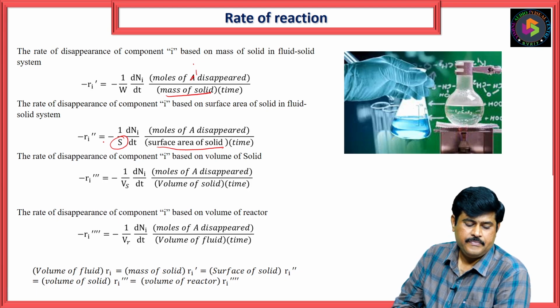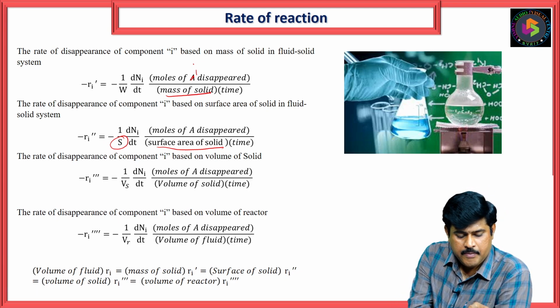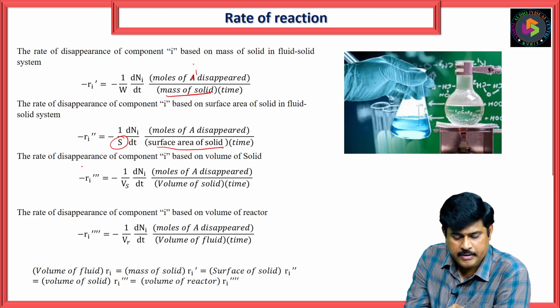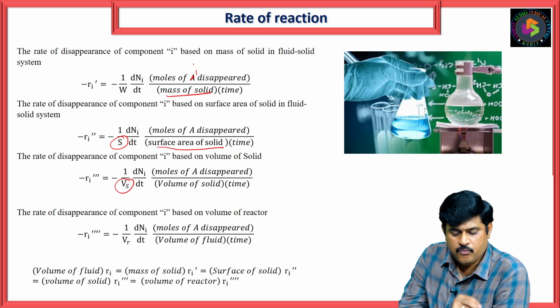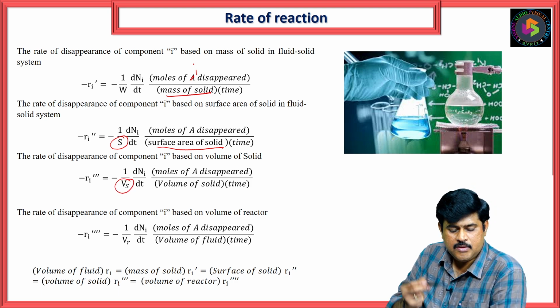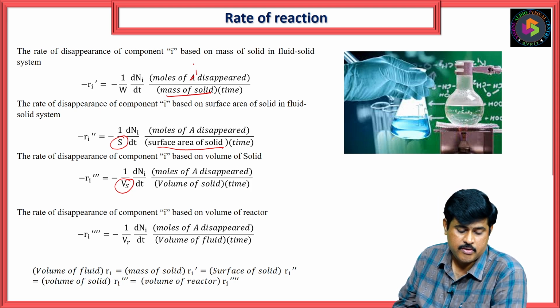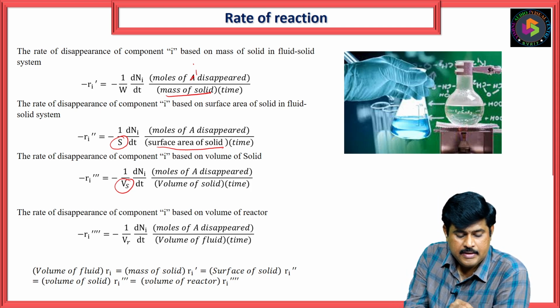The third one: we can define the rate of disappearance of component i based on the volume of the solid. Instead of the volume of the fluid, as we defined earlier, we can define it based on the volume of the solid also. So minus Ri triple dash is equal to minus 1 by Vs dNi by dt.